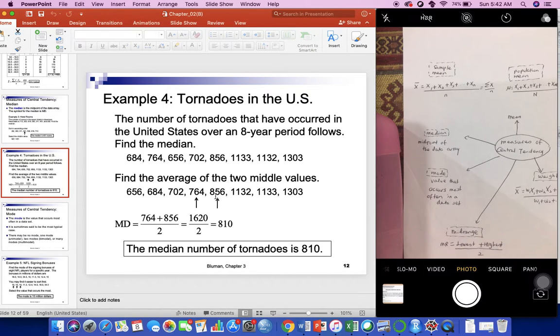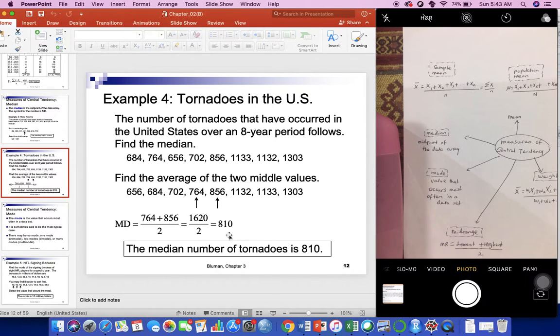You can see that between 764 and 856, there are three numbers in front and three numbers behind. So for the median, you just take 764 plus 856 divided by 2, and you will get 810.